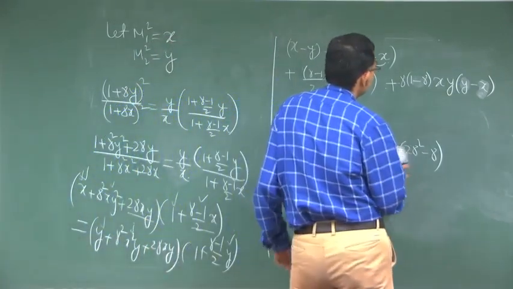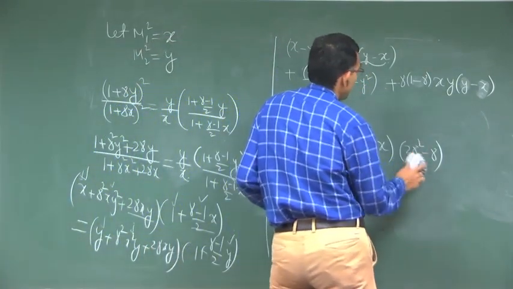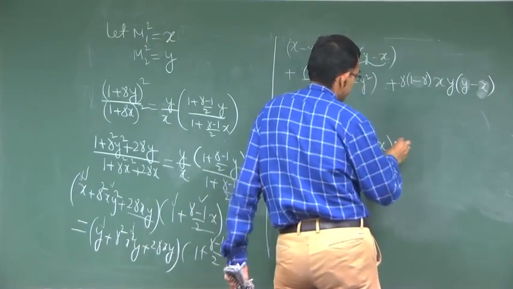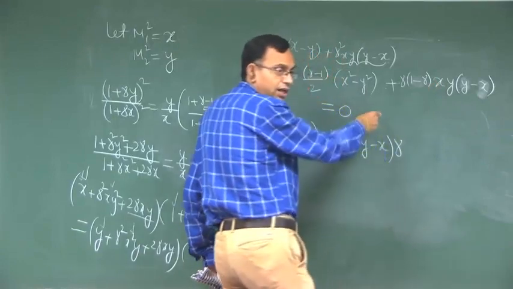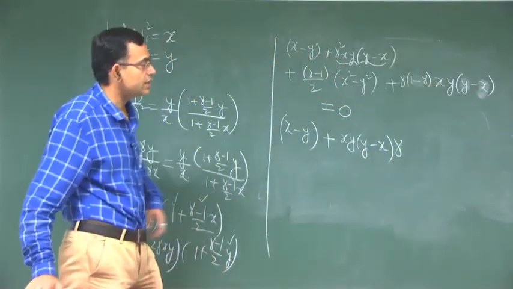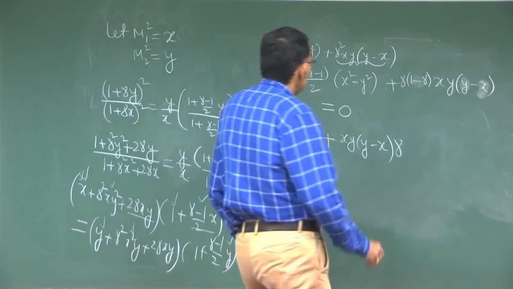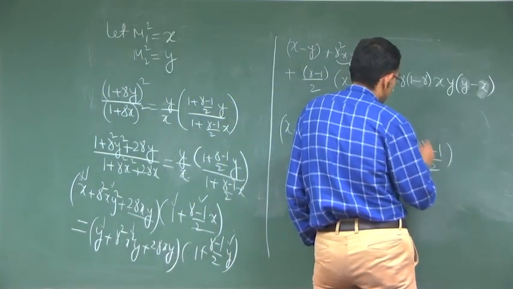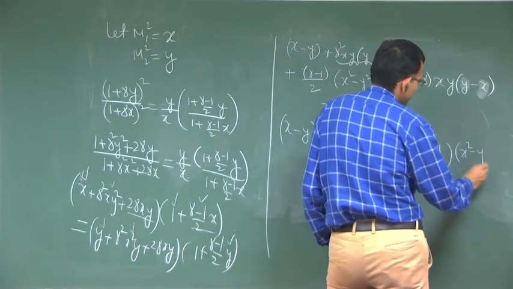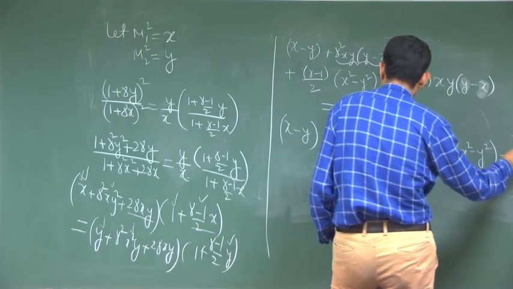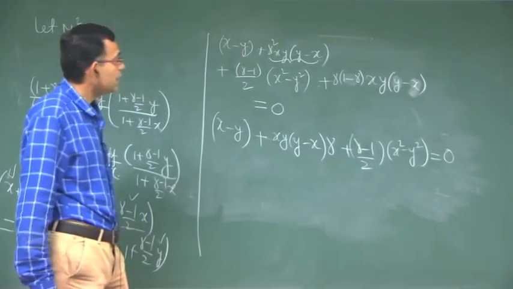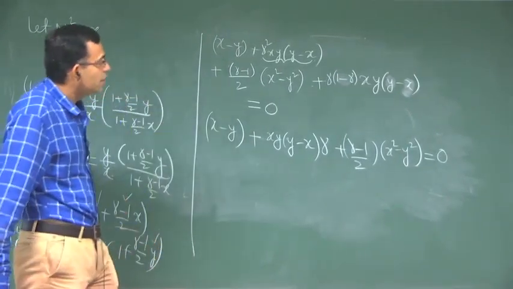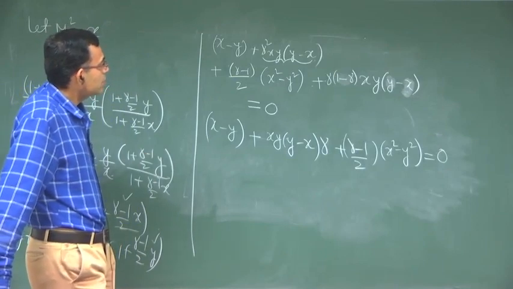So there will be only minus gamma, plus gamma. I was always thinking of it on the other side. So, they get cancelled, very right. Then plus (gamma minus 1) by 2 into (x square minus y square). So, at least one term has got cancelled, even if not the full term.